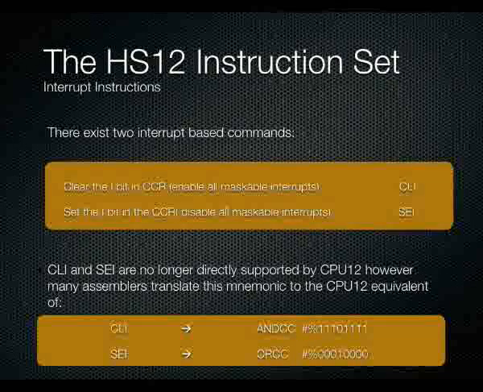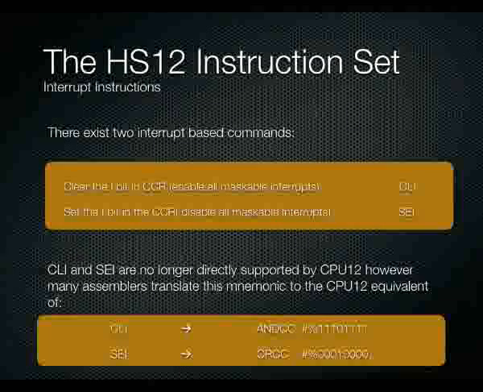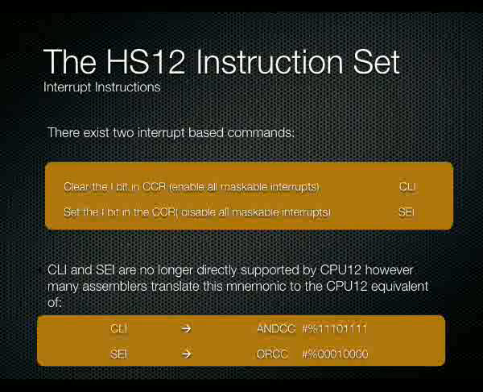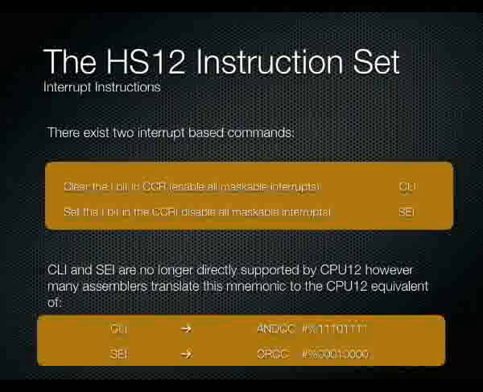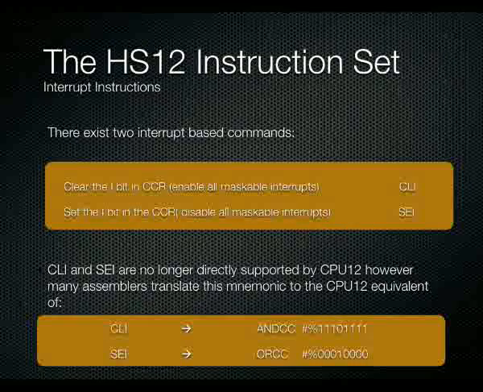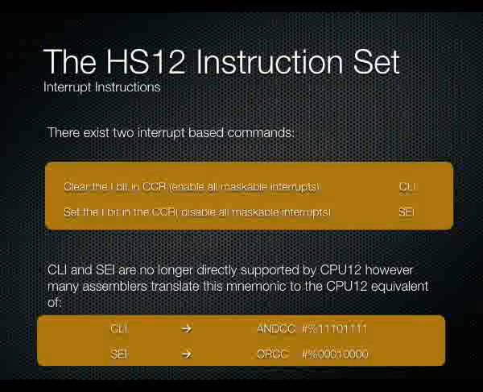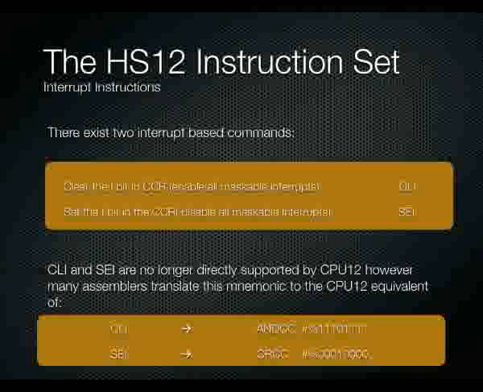When it comes to turning on the interrupts, it effectively means we need to clear that I bit. We need to set that I bit to be 0 to turn them on. So therefore we can use the CLI command, which will actually clear the I bit. When it comes to turning off the maskable interrupt subsystem, we use the SEI command. So SEI means set the I bit in the condition code register.